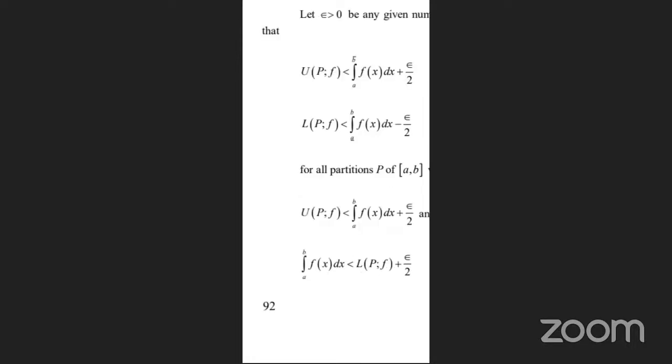Now comparing the second and third equations using the first equation, replacing the lower and upper Riemann integral values with the integral: U(P, f) is less than the integral from a to b of f(x) dx plus epsilon by 2, and L(P, f) is greater than the integral from a to b of f(x) dx minus epsilon by 2.